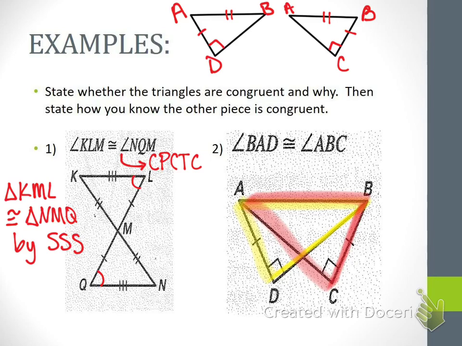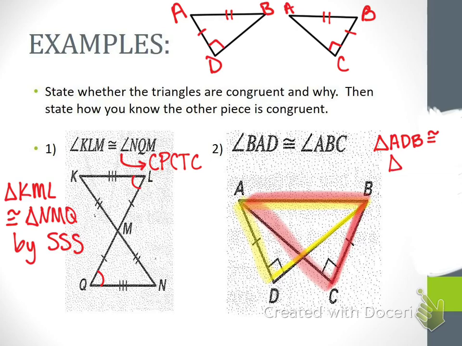Okay, so this is kind of like thinking through a proof without writing the whole thing. So now I could say triangle ADB is congruent to triangle, let's see, BCA by HL.